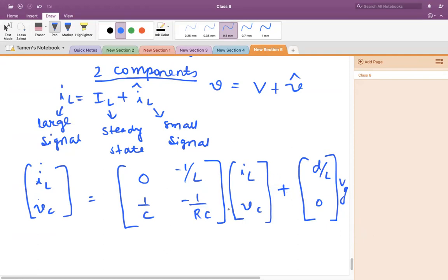Fine. This is the combined part that I have written.